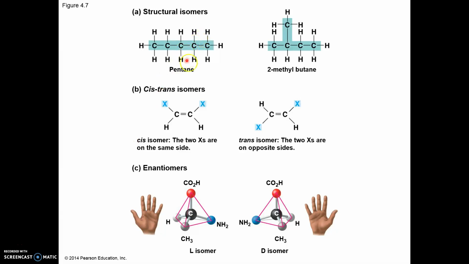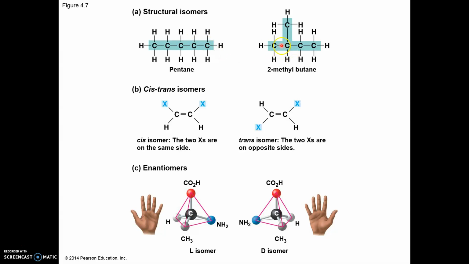So with structural isomers, here's an example. Here's pentane, so it has 5 carbons, 1, 2, 3, 4, 5, and it has 1, 2, 3, 4, 5, 6, so 12 hydrogens.